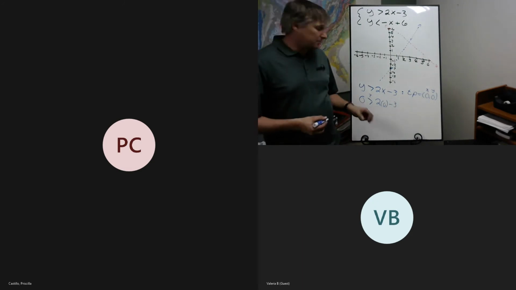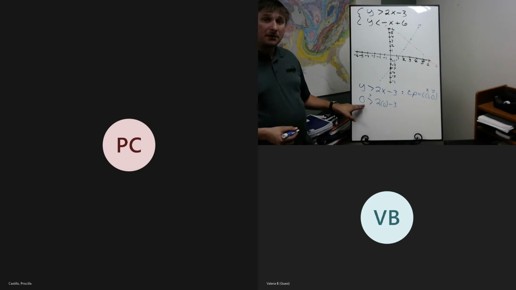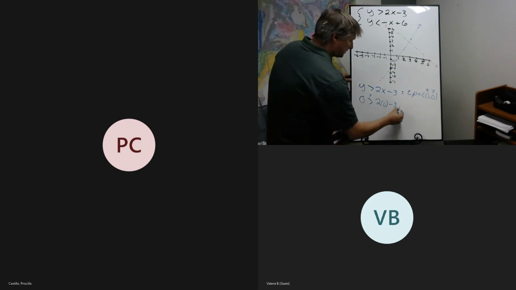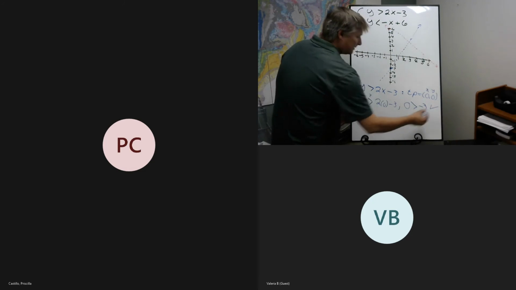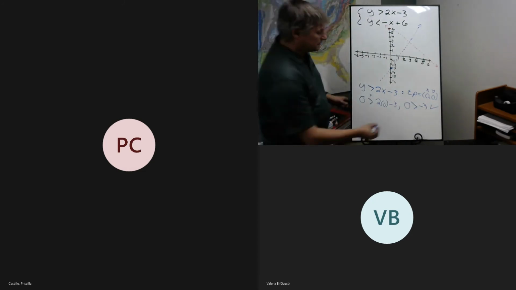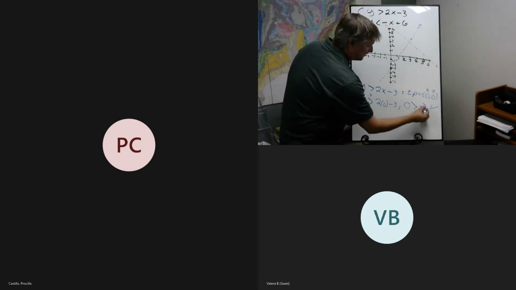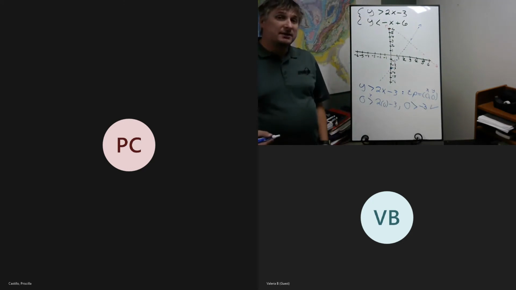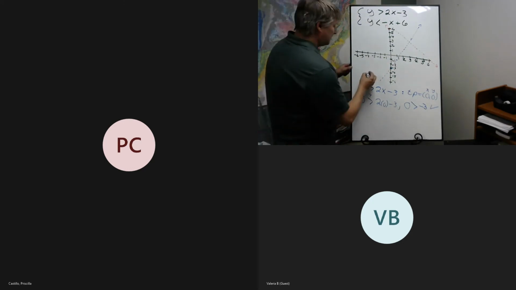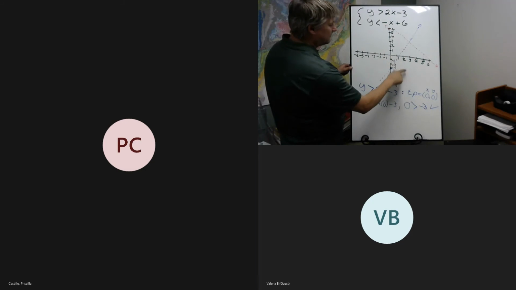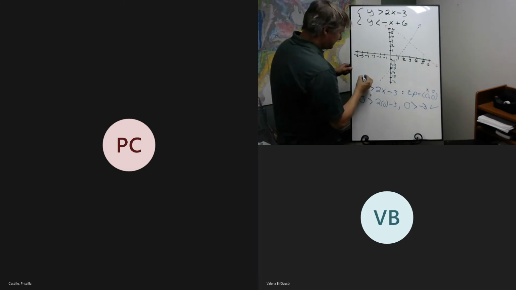Is that in fact the case? Where now x is 0 and y is 0. Well, it turns out this statement is true. 0 is greater than -3. So because that's true, we're going to take either this side or this side. We're going to take this side.